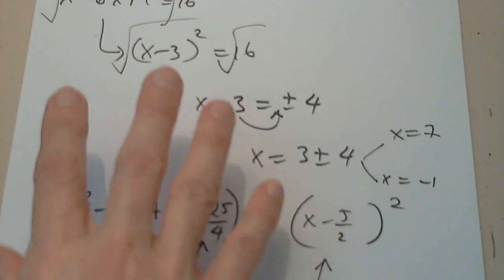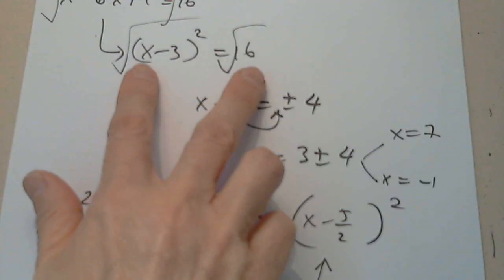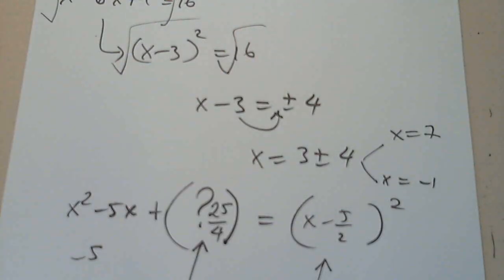But I cannot use this principle on linear equations, for example. It has to be quadratic. So everything that we applied the property of taking square roots to must be quadratic or above. Good.